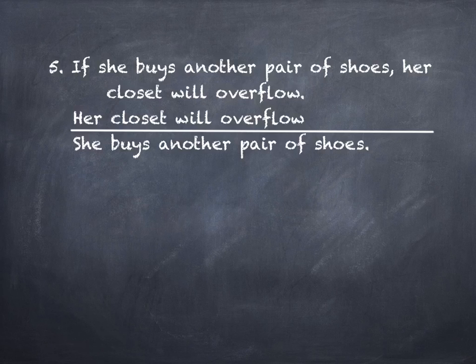So, first sentence, if she buys another pair of shoes, her closet will overflow. What does that tell you could write? P implies Q. What does the next statement tell you you're going to write? Q. And the last statement, P.